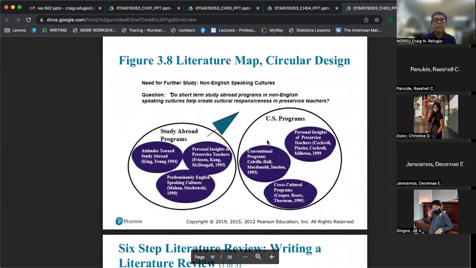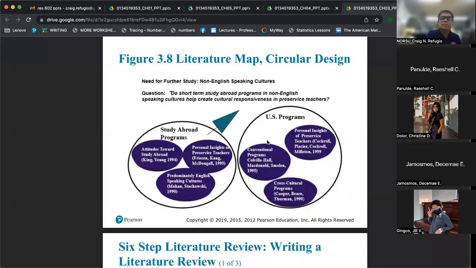So we look at figure 3.8. Literature map, the circular design. So, need for study. We look into the non-English speaking cultures. So what is the question? The short-term study abroad program in non-English speaking cultures helps create cultural responsiveness in pre-service teachers.